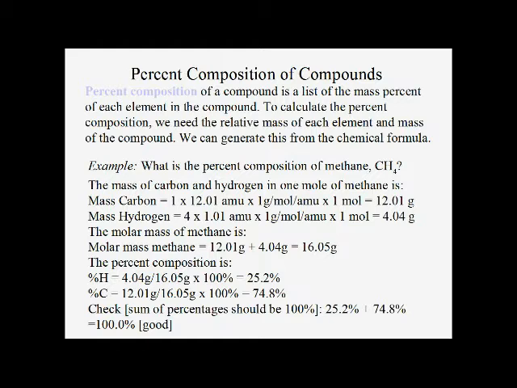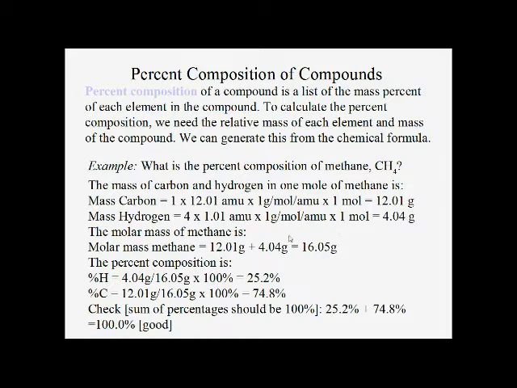For methane, CH4, there's 1 carbon, 4 hydrogens. We're going to add those up and get a molar mass of the whole compound is 16.05. But we have 1 carbon, so that's 12.01 for that carbon. The 4 hydrogens, that's 4 times the atomic mass of hydrogen, so we got 4.04.